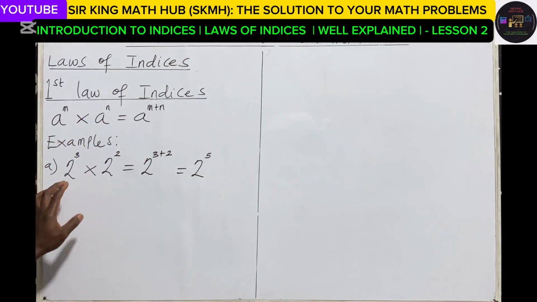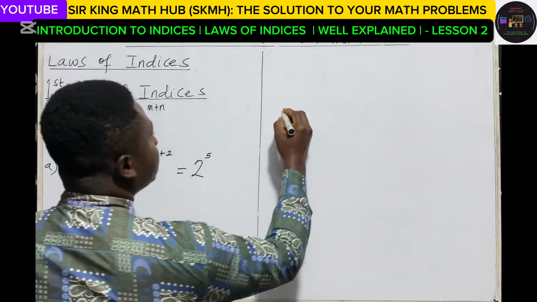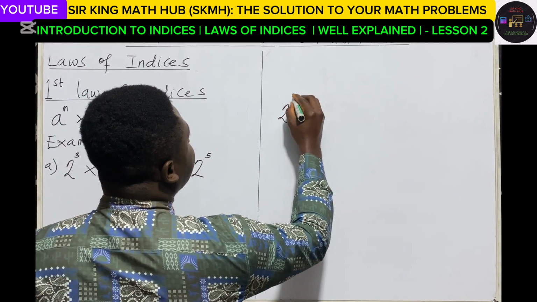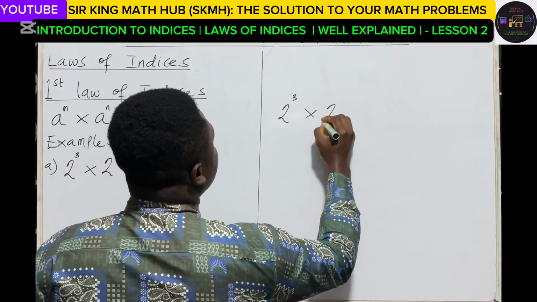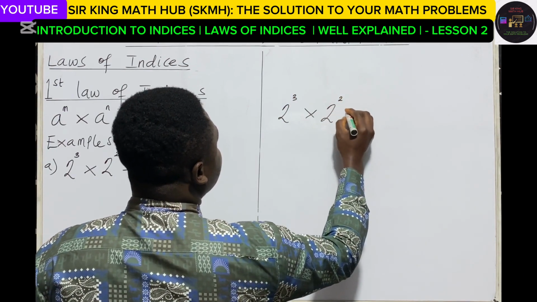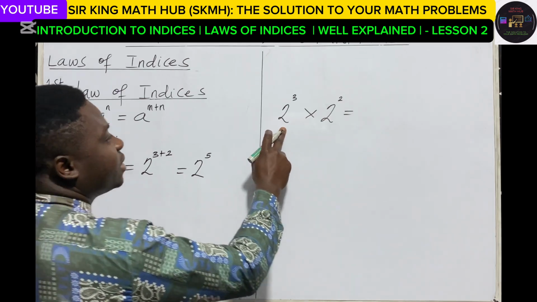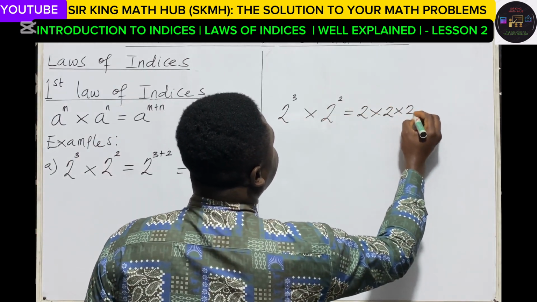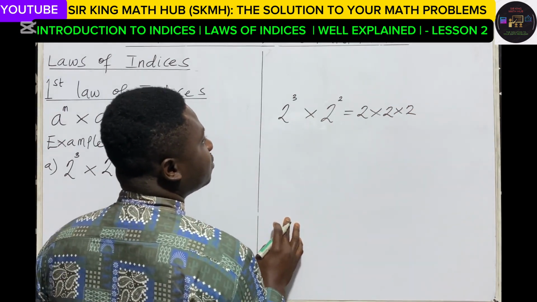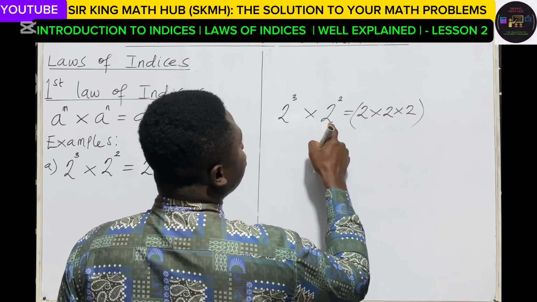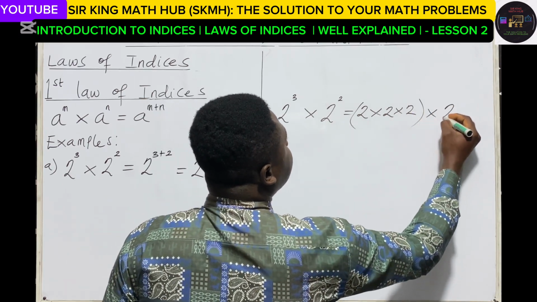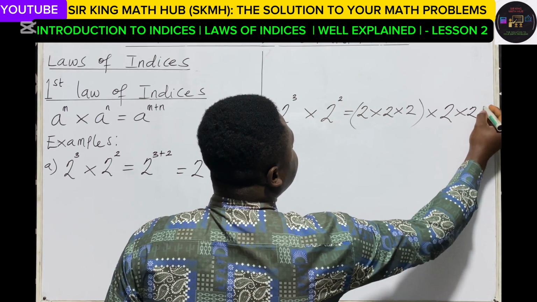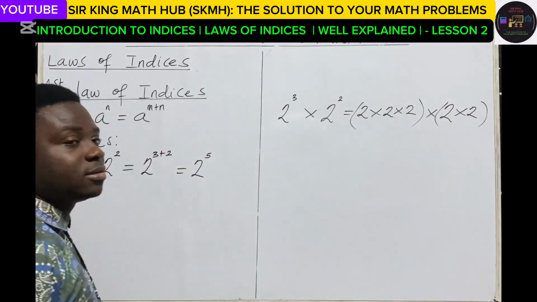Okay, so let's use this same example. So 2 index 3 times 2 exponent 2. Now 2 index 3 can be written as 2 multiplying itself 3 times. And then 2 exponent 2, that is 2 multiplying itself 2 times.